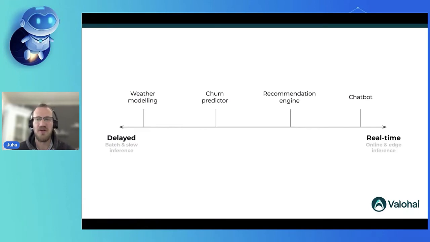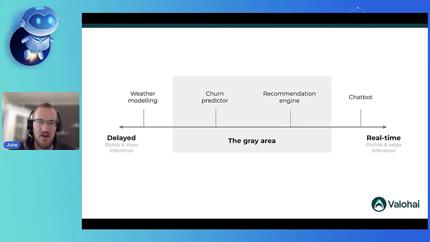It's not really realistic to think that a weather model is real time because it takes hours to simulate. And on the other hand, a chatbot always needs to be a real-time model. A chatbot that doesn't respond in a few seconds is really a useless chatbot, in my opinion. So in the middle, there's this gray area.